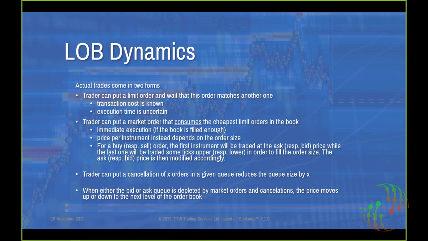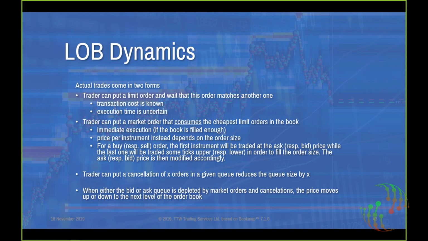Now, as we did it, the dynamic in the limit order book is that actual trades come in two forms. You can put a limit order or you can put a market order. Market orders, if you don't use any chasing algorithm or similar, will be executed immediately if the queue is there. That means we will talk about the CME and the FIFO in a moment.